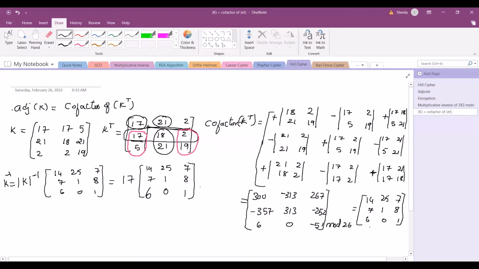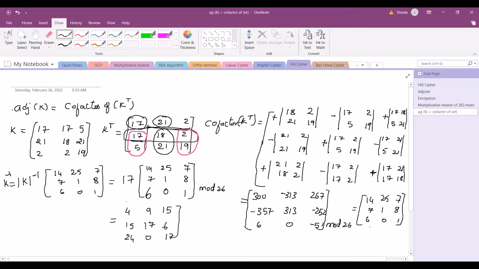And for the multiplied matrix, I need to take mod 26. So finally, what I'm going to get is 4, 9, 15, and then 15, 7, 6, sorry, 17 and 6, 24, 0, and 17.